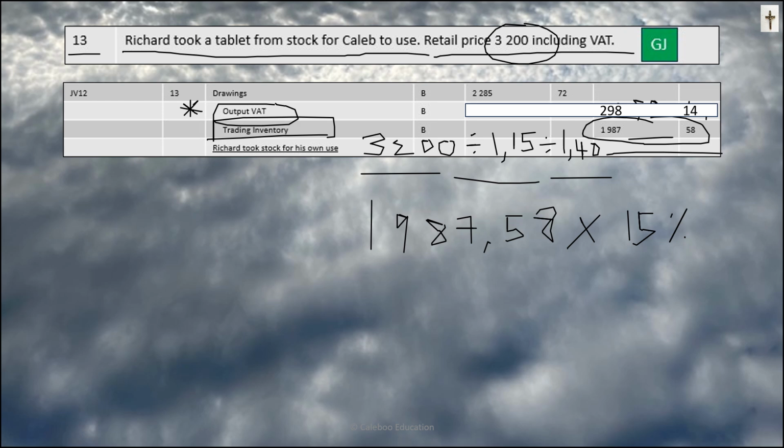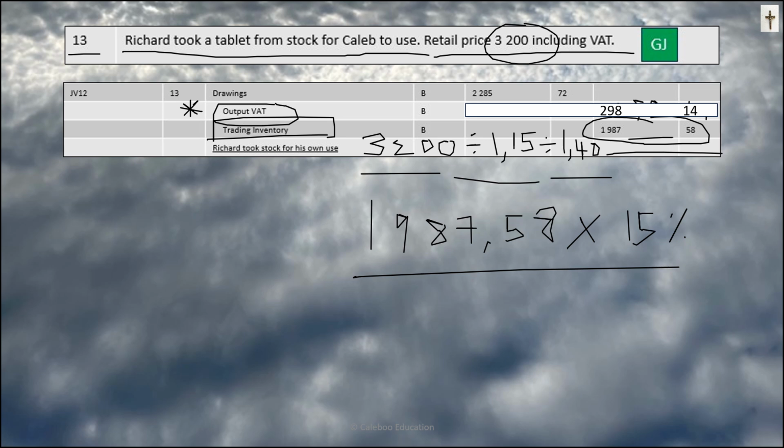And the amount, that 1987.58 times 15% is equal to the amount 298. I'm just going to say that again because this pen is not working too well. But let's try it again.